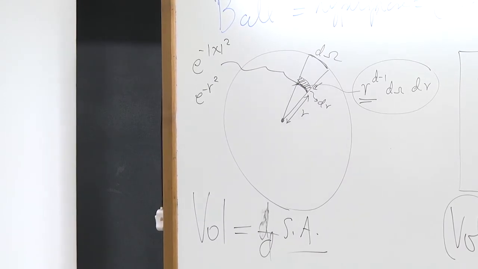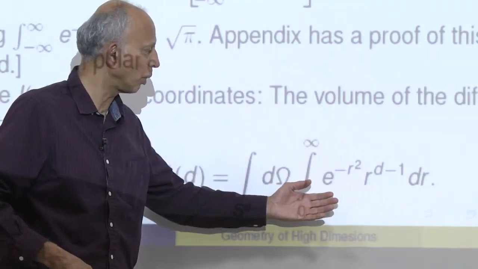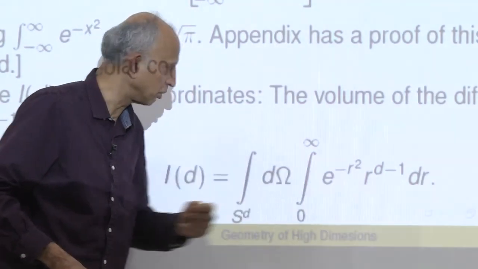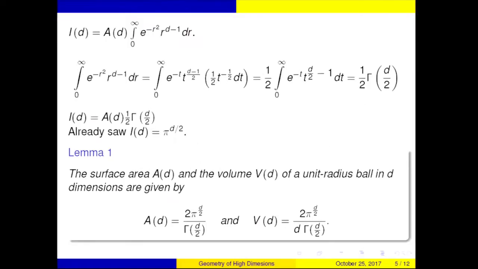The value of the function is e to the minus r squared. The area is r to the d minus 1 d omega dr. Again, we've removed the d omega, and then I have to do this integral. This is a moment of this integral you need to do if you want to compute the d minus 1th moment of the Gaussian, right? So that's what that is doing, and you do that.